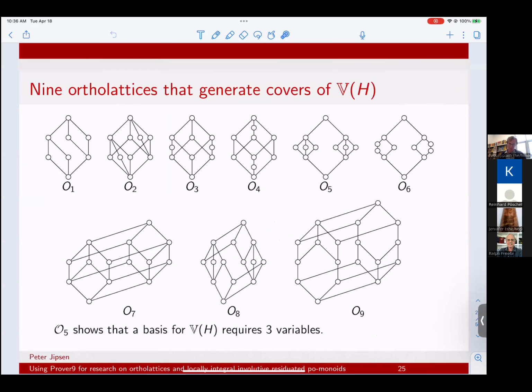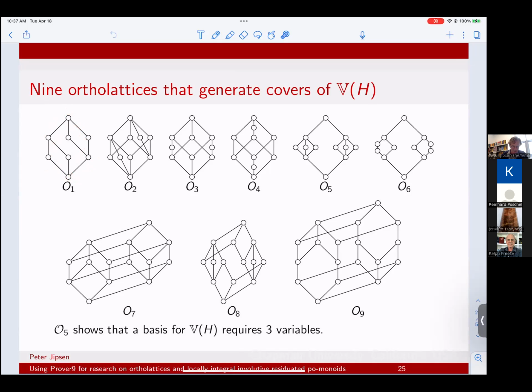But in this case, we used Mace4 because it can generate models. And we just checked if the models are subdirectly irreducible and whether they're the only models that have the pentagon as a sub-ortholattice, which of course is the case for each of these. And they don't have any other subdirectly irreducibles in the variety that they generate.